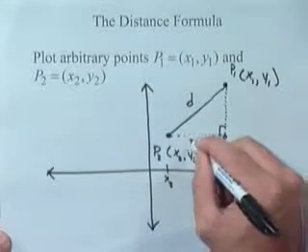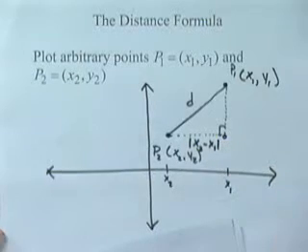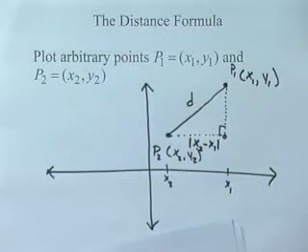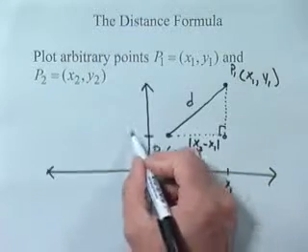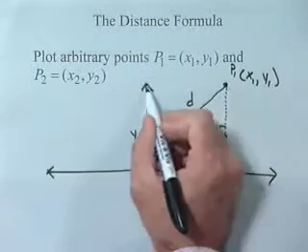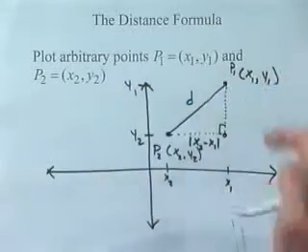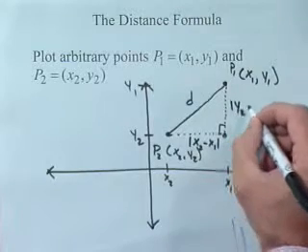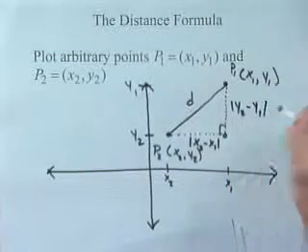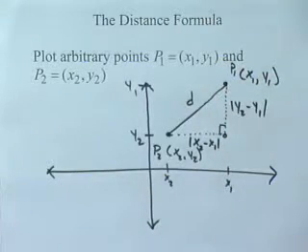So I'll go ahead and put it in absolute value. x2 minus x1 would be that length. Similarly, here's the point y2. Here's the point y1. Our b side is just going to be the difference between the 2, or just y2 minus y1. And again, I'll use absolute value because I know this has to be a positive distance there.